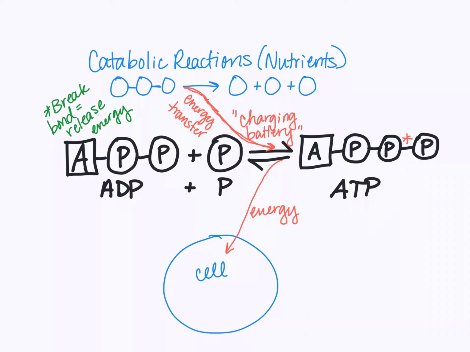So just like in cells, cells can't just break a bond in a nutrient and immediately transfer that energy to something in the cell that needs it. It has to make ATP and then break the ATP in order to use the energy. So ATP has to be that intermediate step between taking a nutrient and converting it to energy that the cell can actually use.